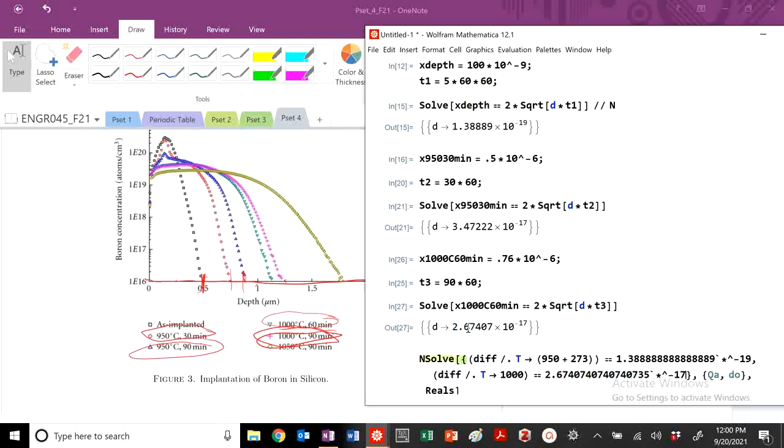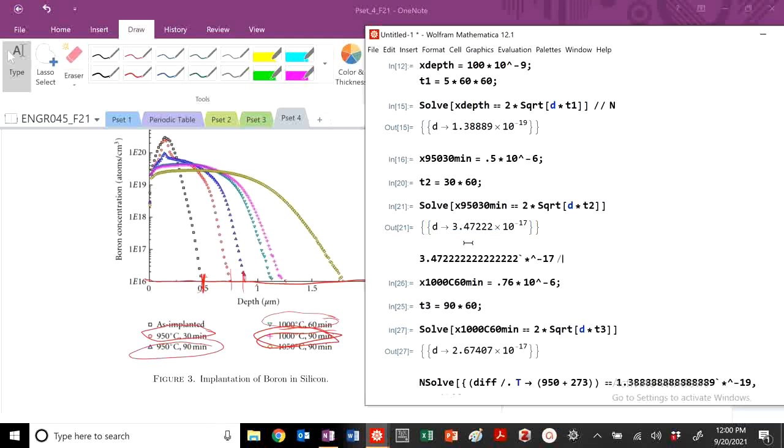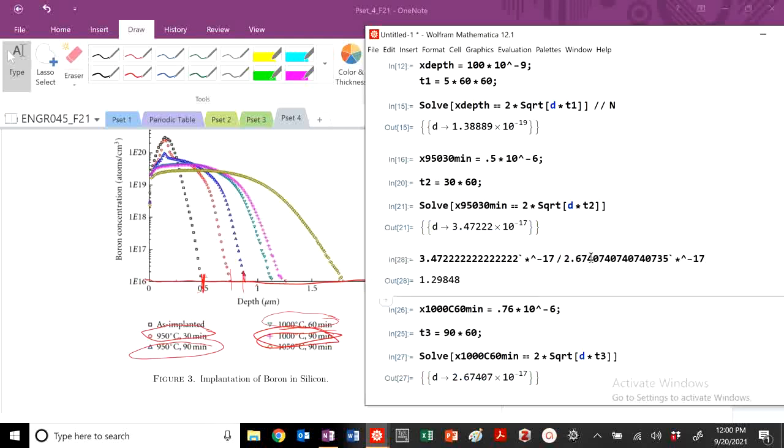Again, it should make sense. My diffusivity here is 3 times 10 to the minus, it's getting lower, so I could take the ratio of this divided by this. So this is a bit larger diffusivity. But anyway, we'll go ahead and get these out.